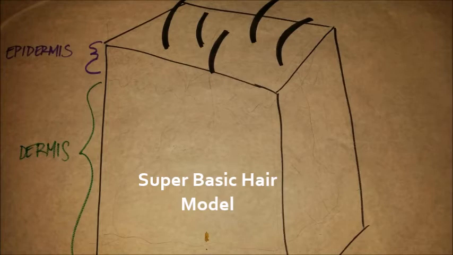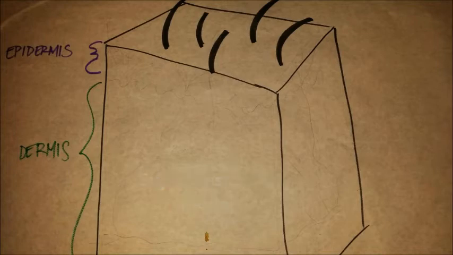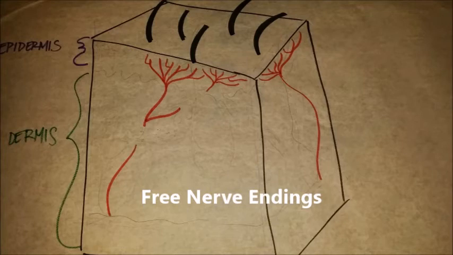Okay, now on to my lovely hair model that I have very handsomely drawn for you. I want to show you where these receptors show up on your body. So I thought it might be easy to see on a hair model, the one that I'm about to draw for you.